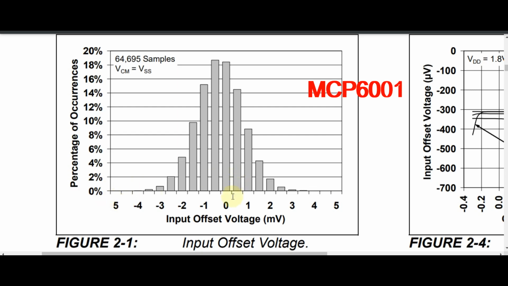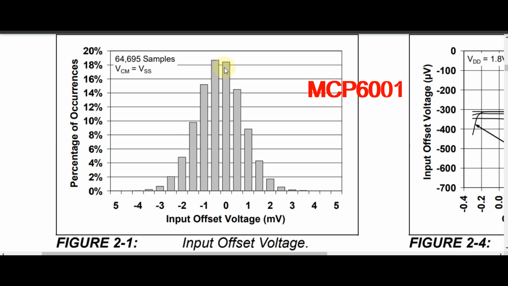You can see here 0. If you assume this, you can see 18% of the samples you buy will have 0 millivolt offset voltage.